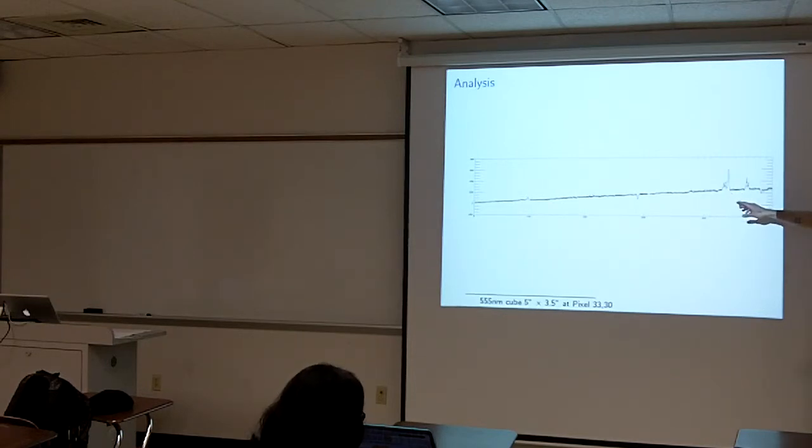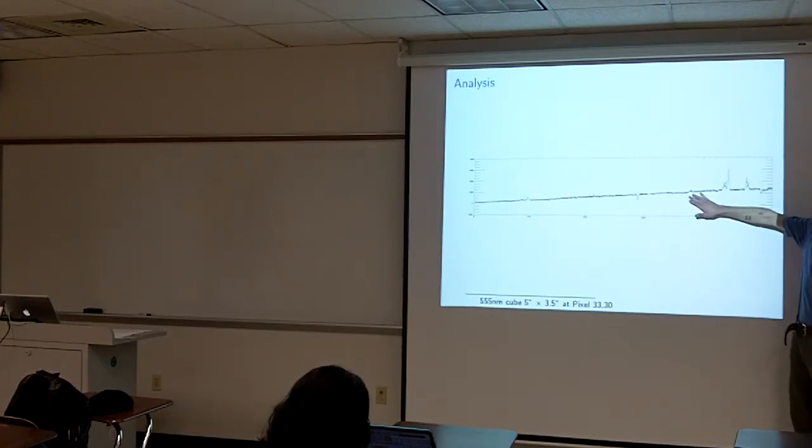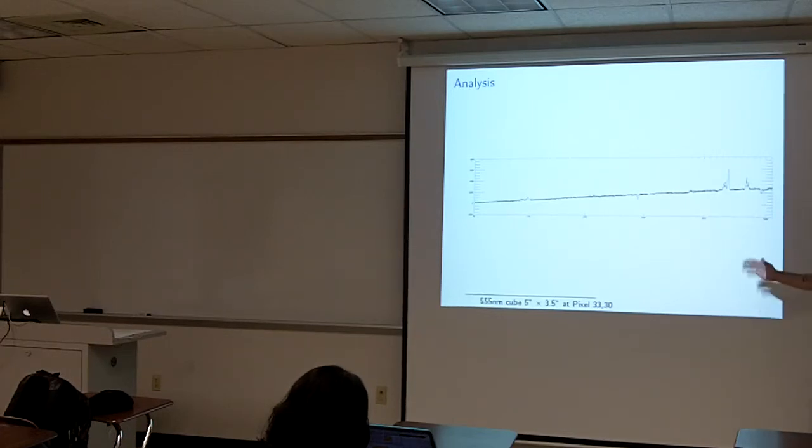Then there is the H alpha line, which is in between the two nitrogen 2 lines. I mentioned an oxygen 1 line, which I believe is this small little bump here. In other pixels, that oxygen 1 line becomes stronger.